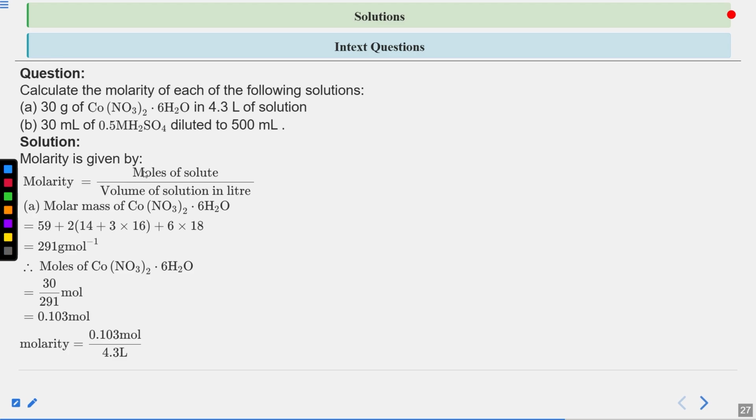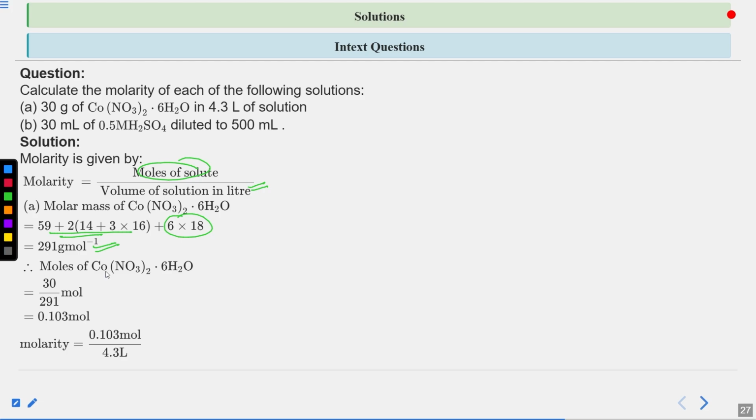Molarity is given by the formula moles of solute divided by the volume of solution in liter. So we need the moles of solute first of all. For A, we have cobalt nitrate hexahydrate. That will count up to 6 into 18 for water and the rest for the cobalt nitrate. That will give you a molar mass of 291 gram per mole.